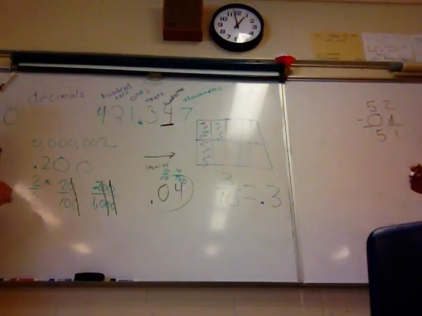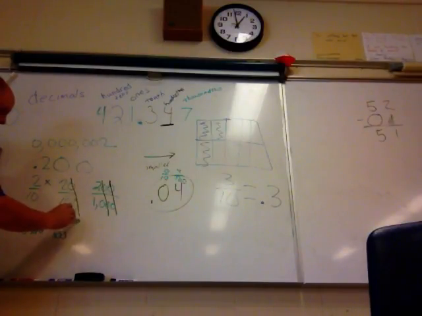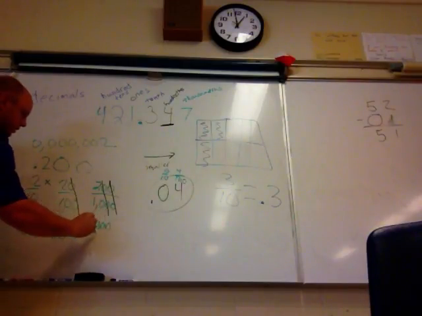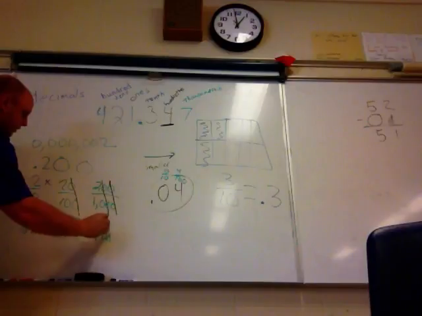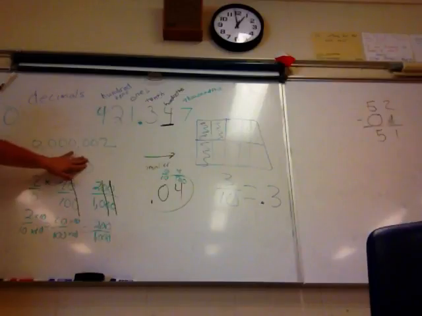Check it out: 2 tenths times 10 over 10 is 20 hundredths, times 10 over 10 is 200 thousandths. Are they all equal? Yes, because you did the same to the numerator and the denominator. So these are all equal. So zeros at the end of a decimal don't change the value.